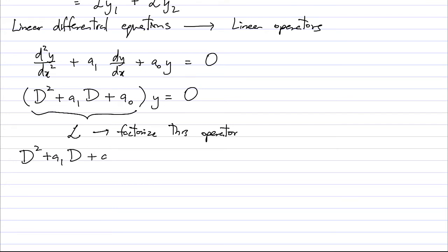You just treat d as an algebraic symbol. Then you can factorize this quadratic expression into this form, where a and b are simply the roots of this algebraic expression. So that's what a and b are. Fine, then I can write my original homogeneous linear differential equation in this form.